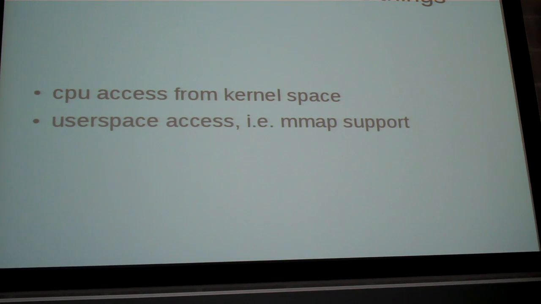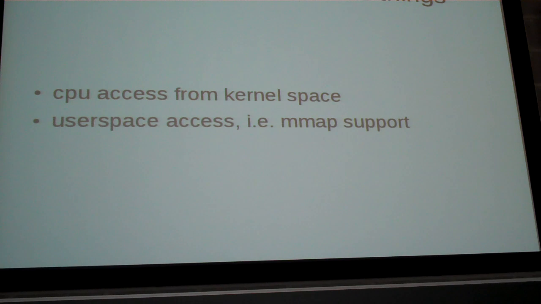Everything should still work. The slightly more advanced version of that is we also want to be able to map that buffer into user space, not just access it from the CPU. Those are the obvious missing pieces.